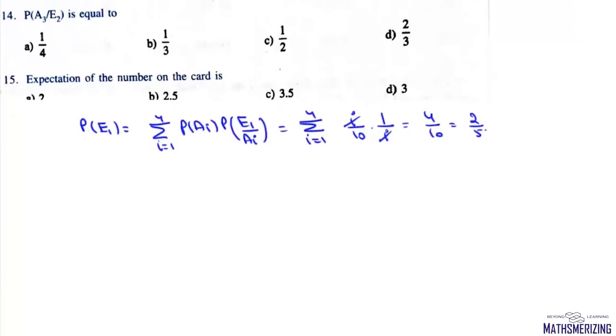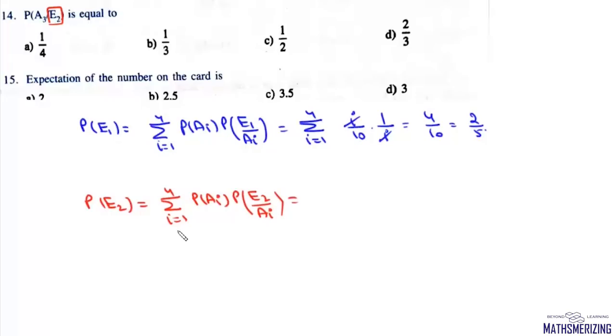Now the second part is, if the number chosen is 2, then find the probability that it has come from A3. Now probability of choosing E2 will be this summation I varies from 1 to 4, probability of choosing AI into probability of choosing E2 upon AI.